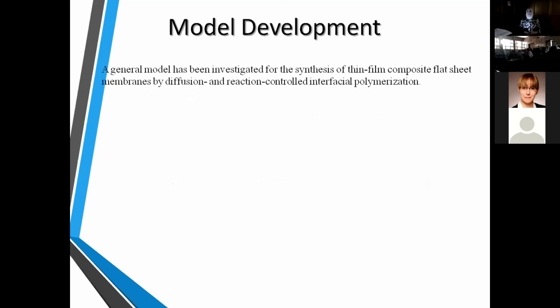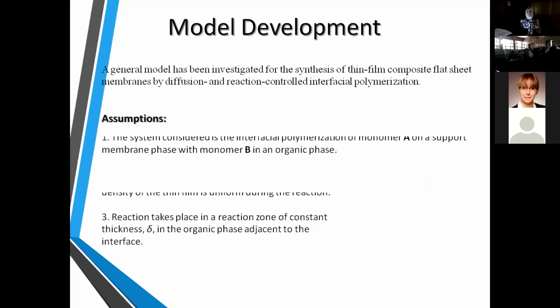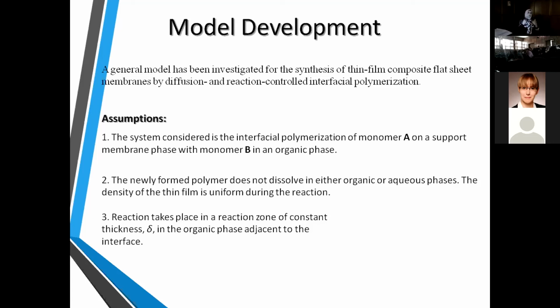Model development. A general model has been investigated for synthesis of thin film composite flat sheet membrane by diffusion and reaction controlled interfacial polymerization. First, we make some assumptions before making the model. The system is considered as interfacial polymerization of monomer A in the aqueous solution and support membrane, and monomer B in the organic phase.